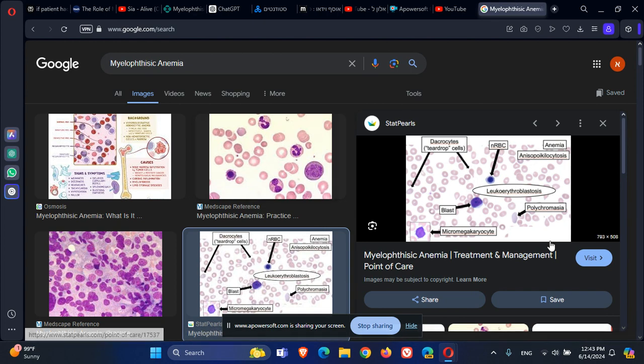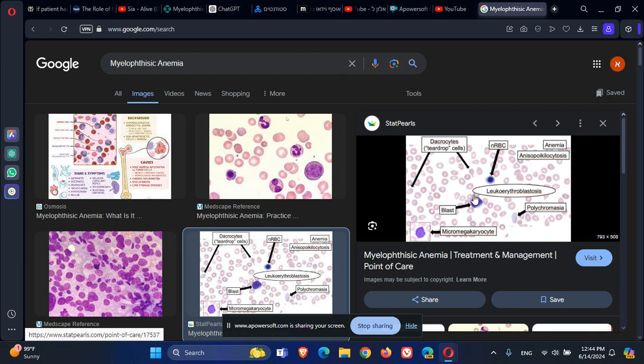So sometimes when we look at the blood smear, the peripheral blood smear, we can see young cells from the bone marrow, like white blood cells, red blood cells, and this is called leukoerythroblastosis. You can see here a blast, which is a young shape of a blood cell.